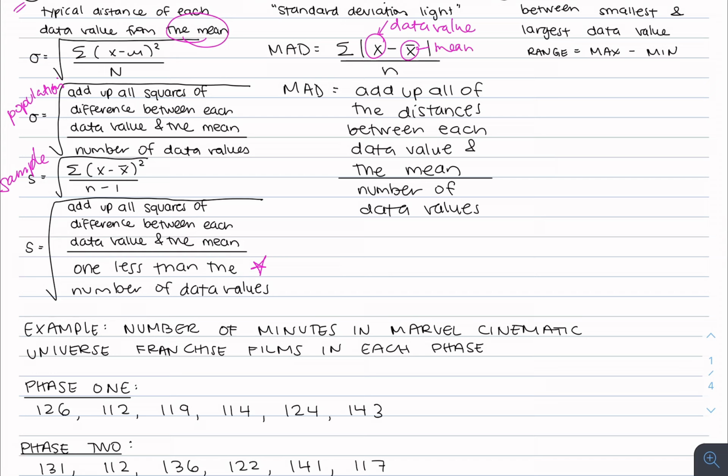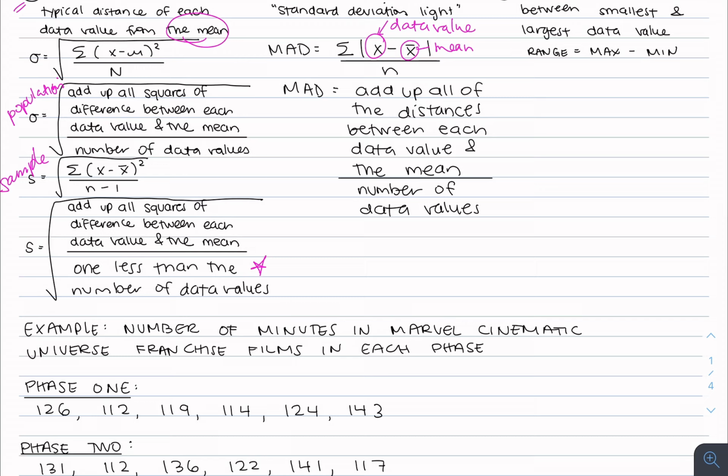Then we take the absolute value of all those distances, because we want them to just be positive, and I'll explain why in an example below, divided by the total number of numbers, which I have written out in words here. It's very similar structure for a calculation, but it's much more straightforward and easier to calculate because there's no square roots going on here in a mean absolute deviation.